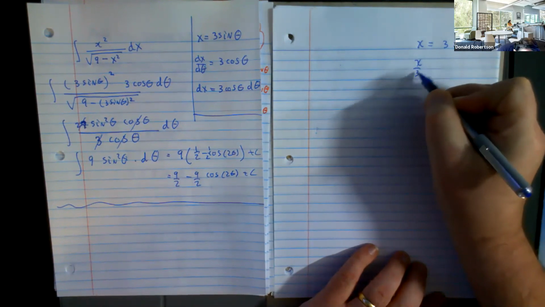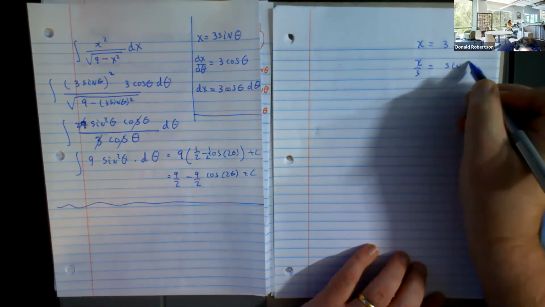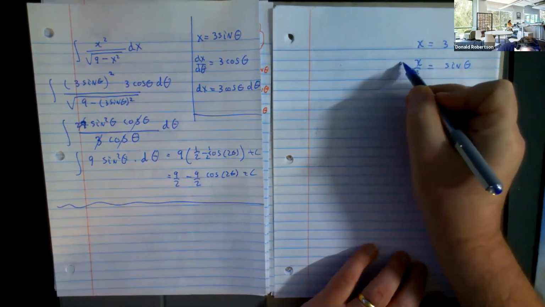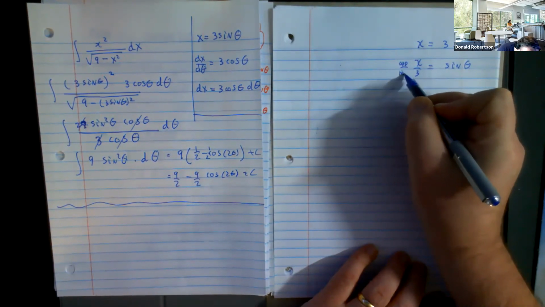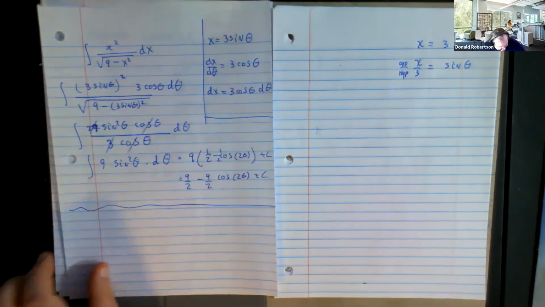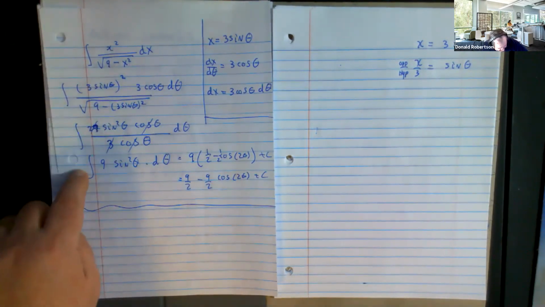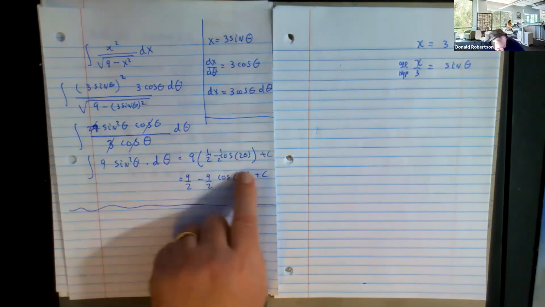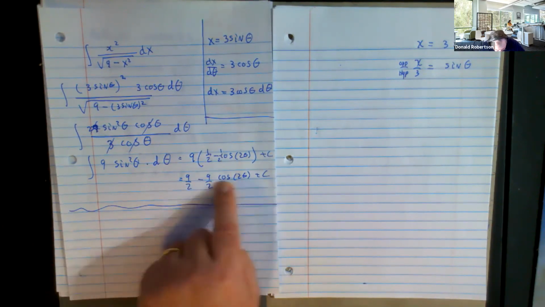So x over 3. And that's opposite, and that's hypotenuse. So this guy ended up being sine squared, which eventually integrates out to be this fella.